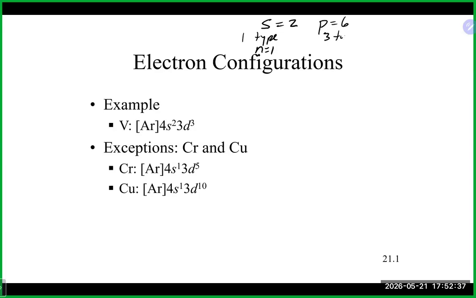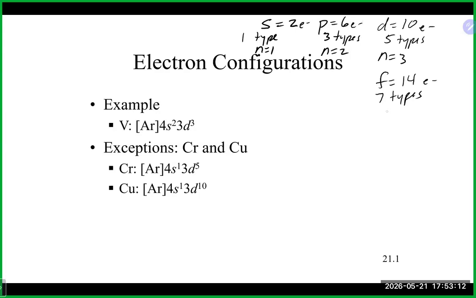There's 3 types of them, and they begin on the second energy level. d orbitals can hold 10 electrons, and there are 5 different types of those, and they don't begin until the third energy level. And as far as you usually go, there are the f orbitals, the f subshell, which is a grouping of 7 individual f orbitals. Each one could hold 2, which would give you 14 electrons maximum if you filled them all up. And that occurs on the 4th energy level.